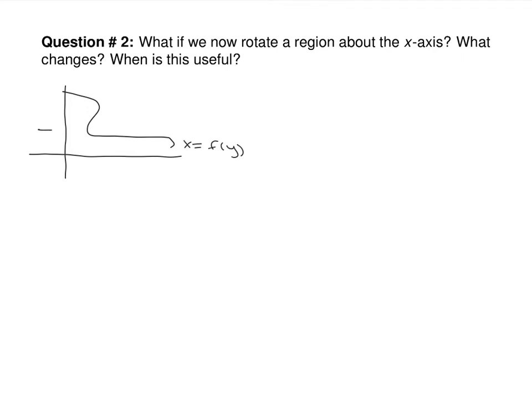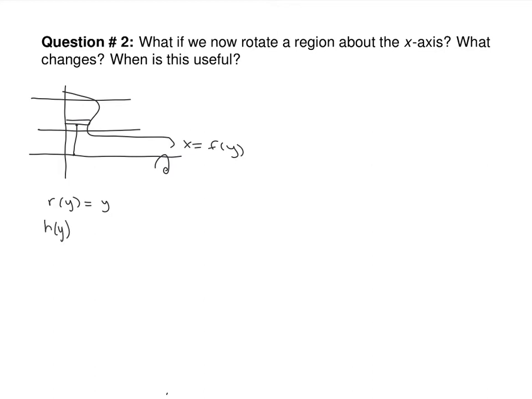We want to rotate this region about the x-axis. So there's our slices. We're going to get those shell doll things again. Now the difference here is that your radius will be a function of y. It's often going to be y itself. Distance from axis of rotation up to your slice is y.